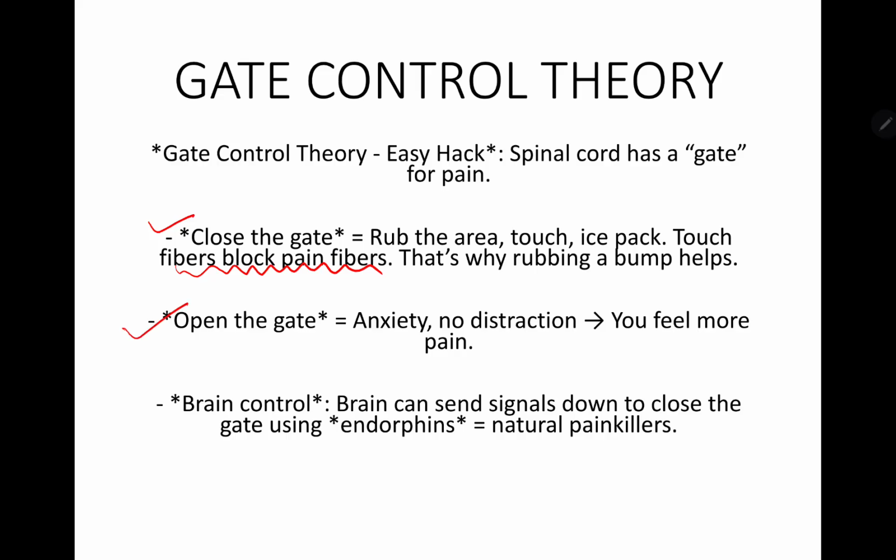Next comes the open gate. How does it happen? Anxiety and no distraction mean you feel more pain. Next is brain control. The brain can send signals down to close the gate.